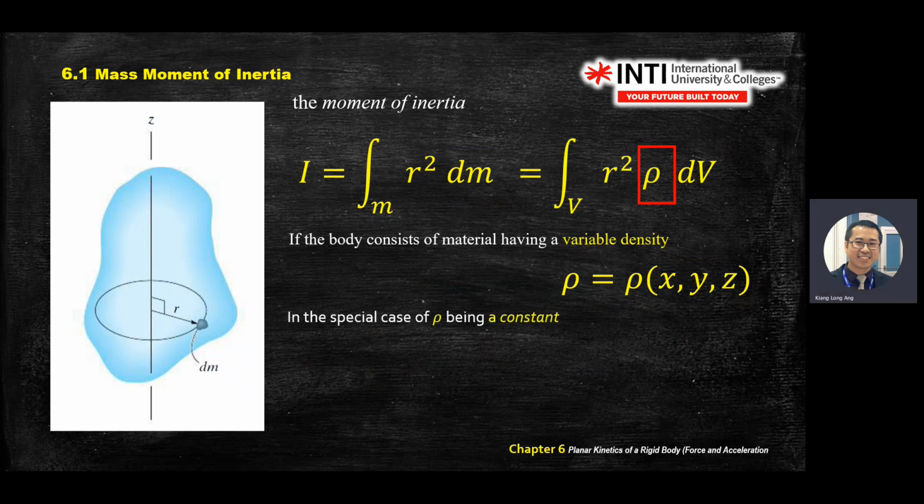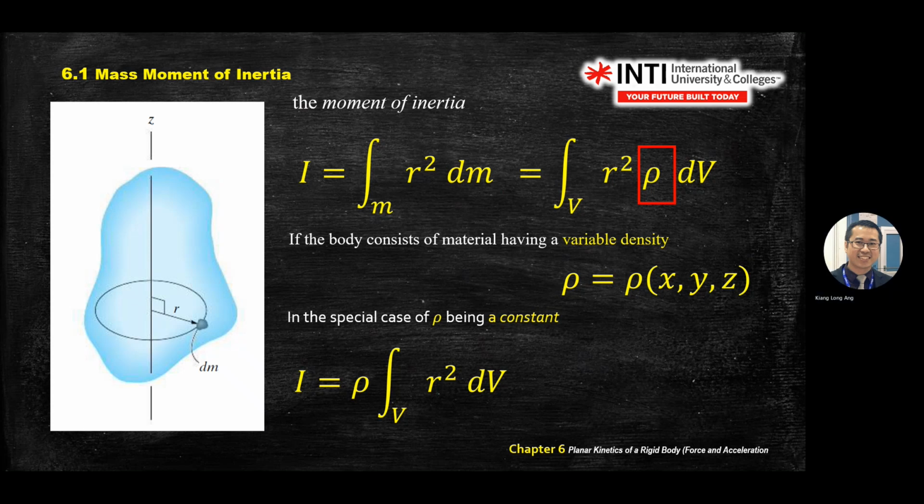Rho is a constant, so you pull your rho outside. Okay. So you integrate r square dv. So if you look at this equation, we change from integral of r square dm into rho times integral of r square dv.